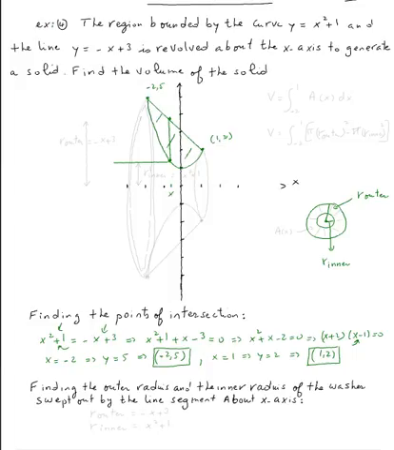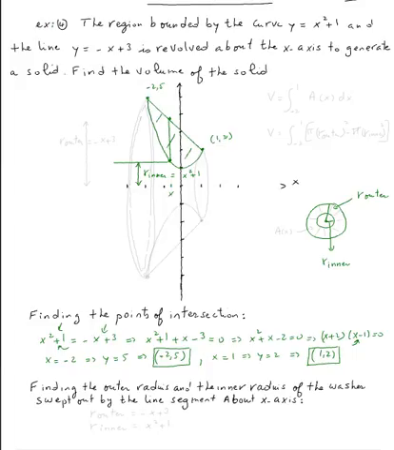This is the R inner, from here to here, and it's equal to x squared plus 1, because we go from the x-axis to the curve y equals x squared plus 1. In other words, the y coordinate at x is just x squared plus 1. Now the R outer goes from the x-axis to this line.